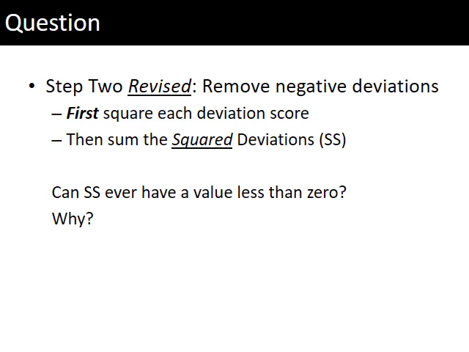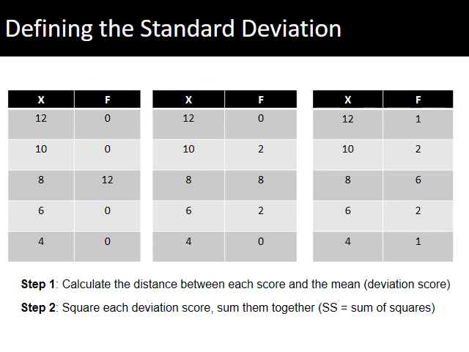Sum of squares could have a value equal to 0, as in the first distribution of those three I just showed you, the one on the left, where all the scores were exactly the same. Then we would have had 0 squared plus 0 squared plus 0 squared, 12 times, and that would have added up to 0. But we can never have a sum of squares less than 0. Okay, 2 steps.